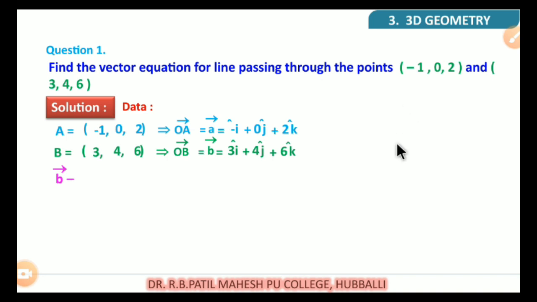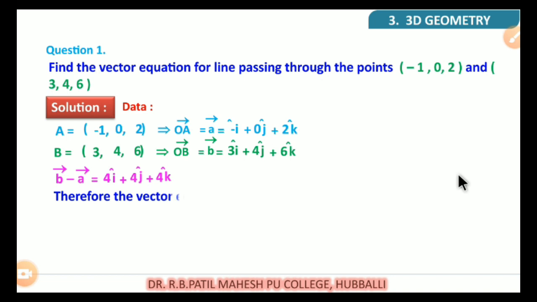Now we can find the value of vector b minus vector a because it is required for the vector equation of the line in second form. Therefore b minus a: 3 minus (-1) becomes 4i, plus 4 minus 0 becomes 4j, plus 6 minus 2 becomes 4k. So this is the value of b minus a.